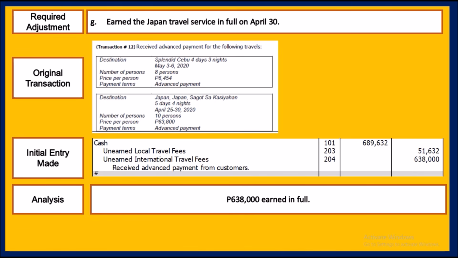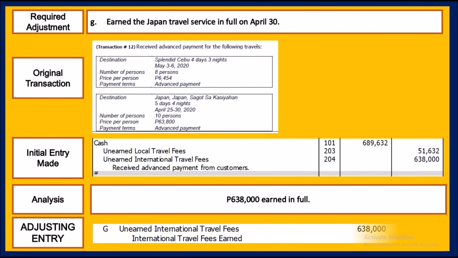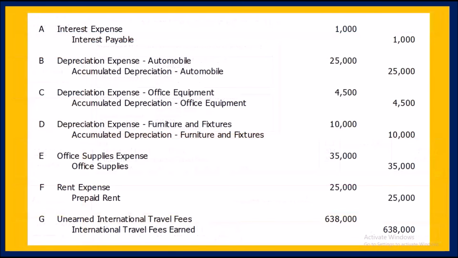At dahil na-earn na po natin in full yung 638,000, kailangan niya na pong mapunta as a revenue account. Okay? So, our adjusting entry would be debit unearned international travel fees, 638,000. Ike-credit na po natin siya sa international travel fees earned na isang revenue account na 638,000. Ginamit po natin liability method. So, yan po yung ating 7 adjusting entries related to our example problem, landing a new travel services company.